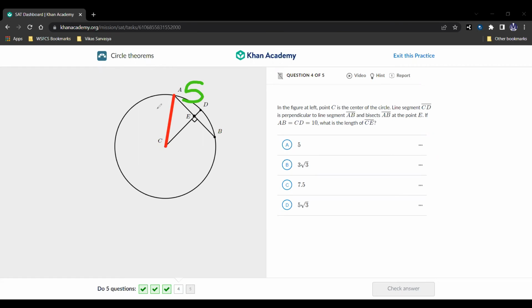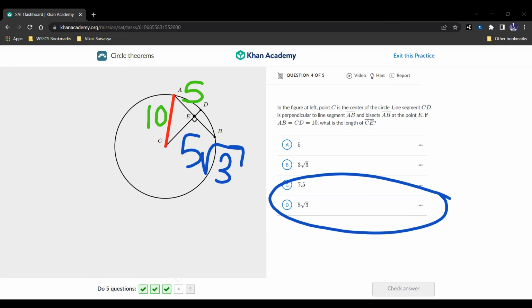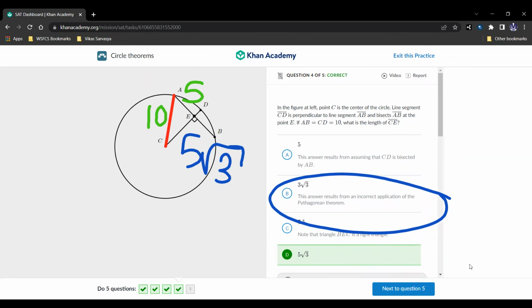So we know that this radius here is 10, right? Then we know that this CE right here is going to be 5 times the square root of 3 by the Pythagorean theorem, or answer choice D. So that's our answer. Let's continue on.